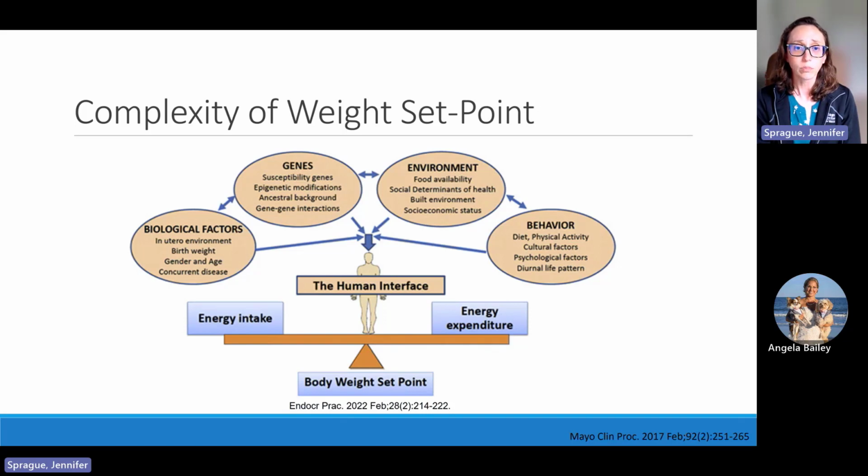Thinking about obesogenic foods, for example, increases in sugar-sweetened beverages, fast food, and large portion sizes have all occurred over the same time period that we saw this rise in obesity. It's frightening to think that in the US, between 10 and 15% of total caloric intake for children comes from sugar-sweetened beverages. Grocery store access, fast food access, and vending machines in schools are all things that can contribute to the development and maintenance of obesity.